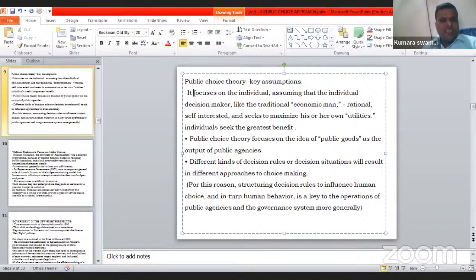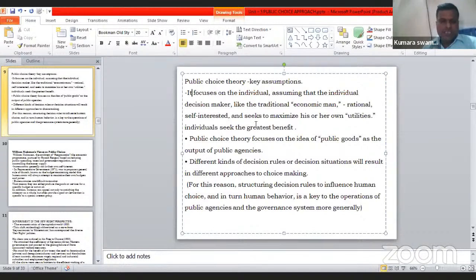The public choice approach or theory has a few assumptions. The first assumption is that it focuses on the individual, assuming that the individual decision maker, like the traditional economic man, is rational and works for self-interest, seeking to maximize his own utilities.